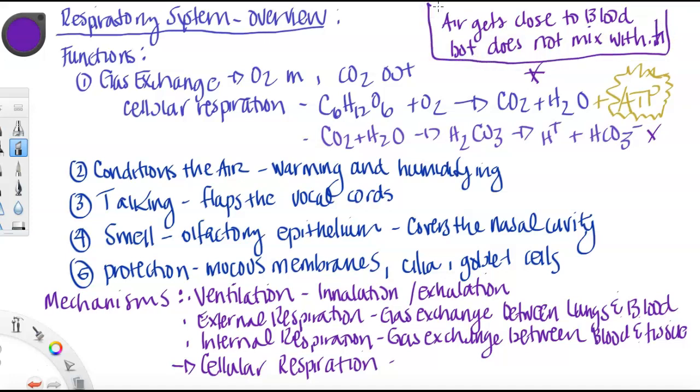Okay, so there's an overview of the respiratory system, which we're going to talk about: a little bit of anatomy, and then how the things work, how we breathe in and out, external and internal respiration, and all those things.